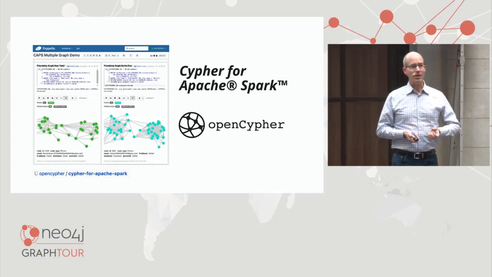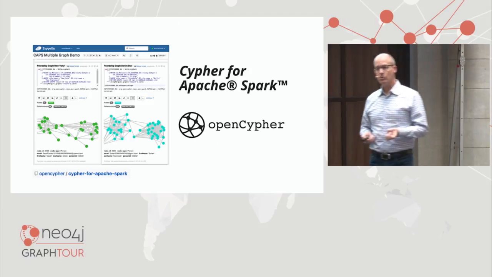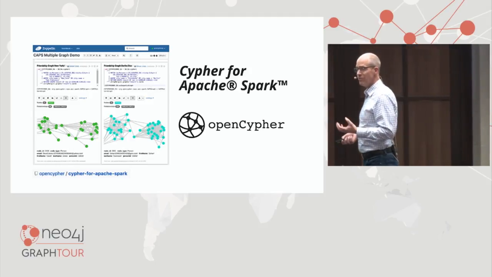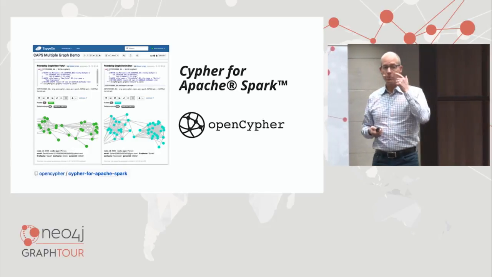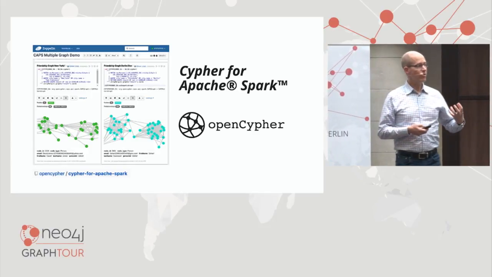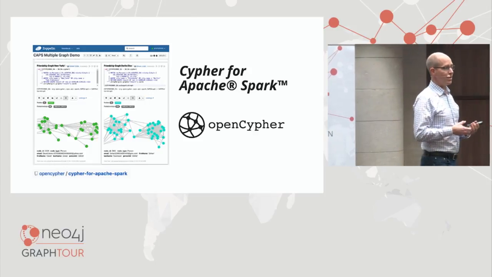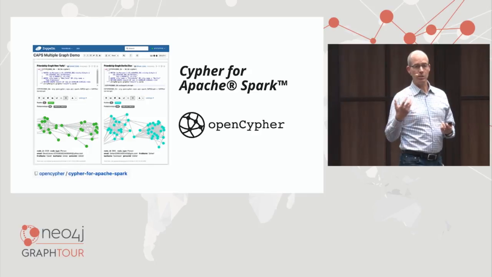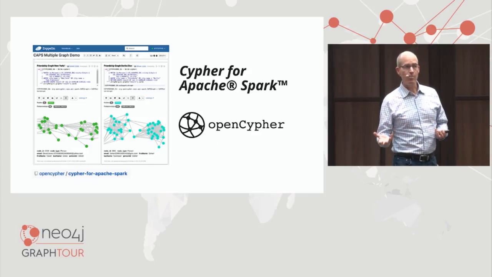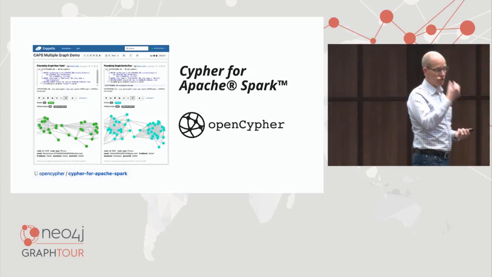What Cypher for Apache Spark does is it allows developers, specifically data scientists and analytics-oriented developers, to take data from Neo4j and create a graph in Spark, or take Spark data and pull it as a graph into Neo4j.